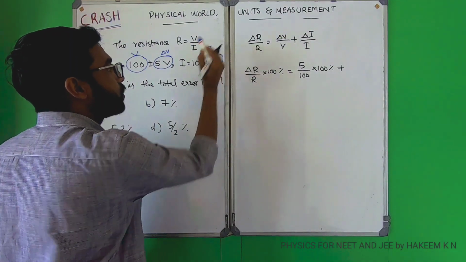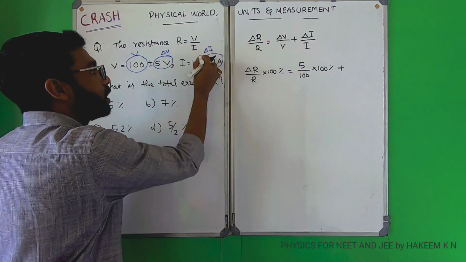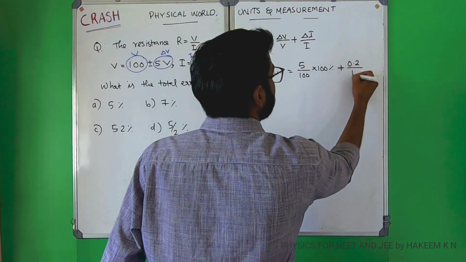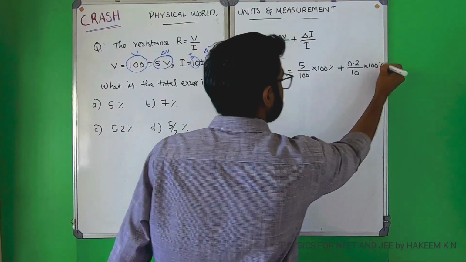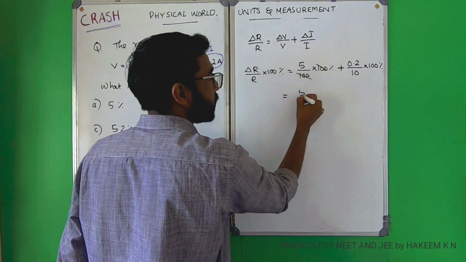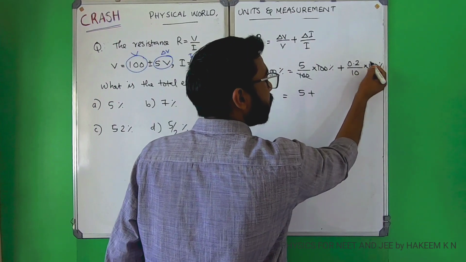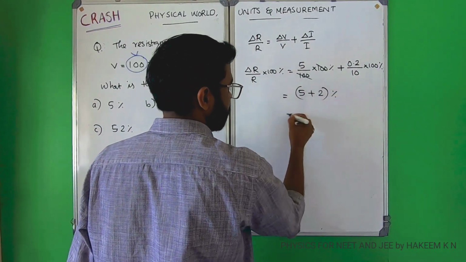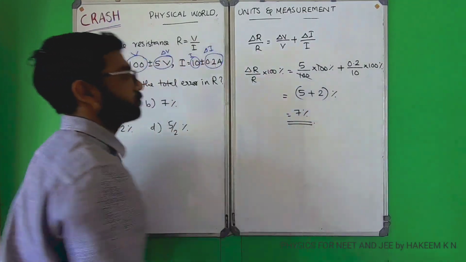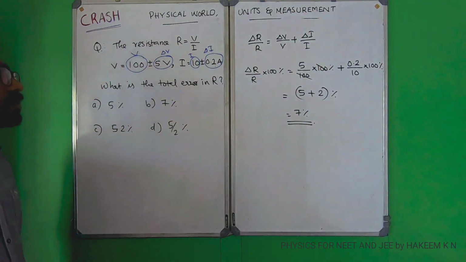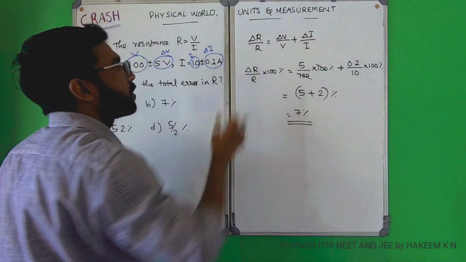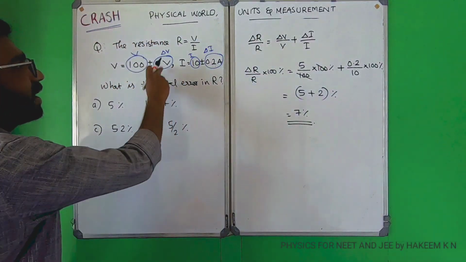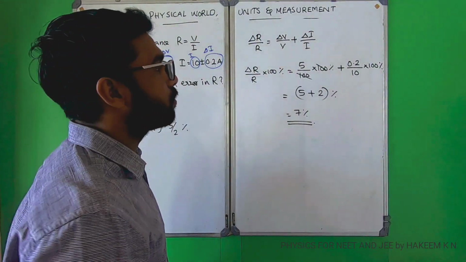Error in current, it is 0.2, and 10 is the original current. So 0.2 by 10 into 100%. So we will get 100 cancelled, 5 plus 0.2 into 100 is 20 by 10 is 2, 5 plus 2%, that is 7%. So relative error means error by original. Okay, and they are added in multiplication or division.